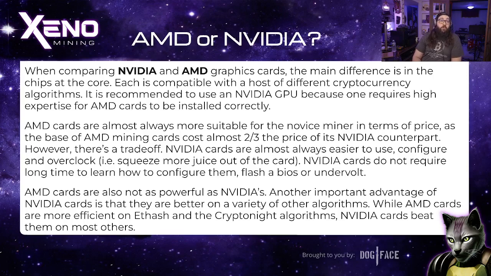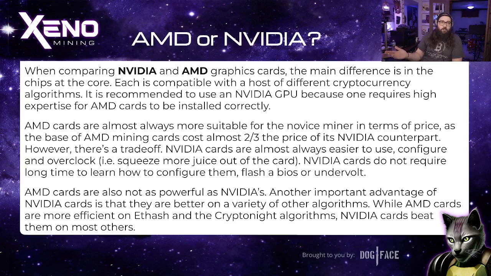So if you're new to mining, Nvidia is easier to get started with. Not to say that AMD doesn't have similar results. It actually depends on the coin. I don't know if anybody here has ever played video games on their computer, but some computer games are designed to work better with AMD. Some are designed to work better with Nvidia.